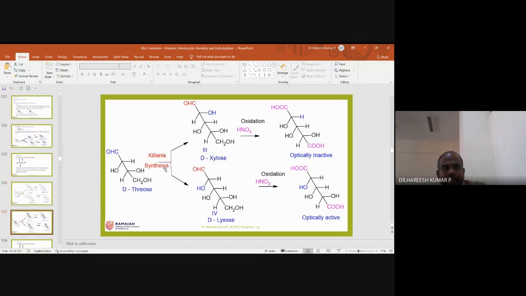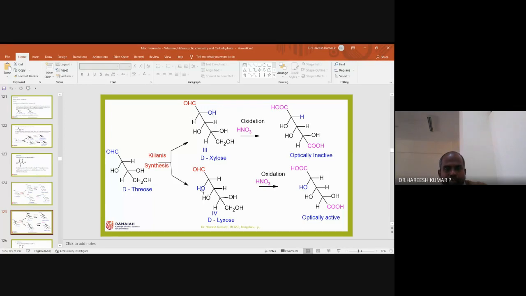In the next slide, I am taking a tetrose. When it is subjected to Kiliani synthesis, if the newly formed hydroxy group is on the right hand side, then it is called xylose.